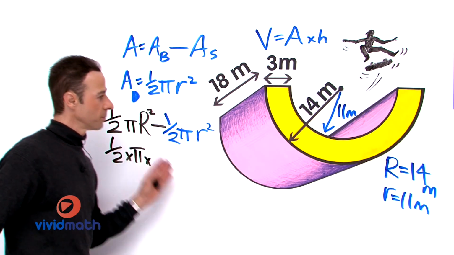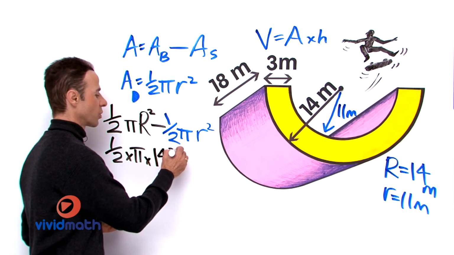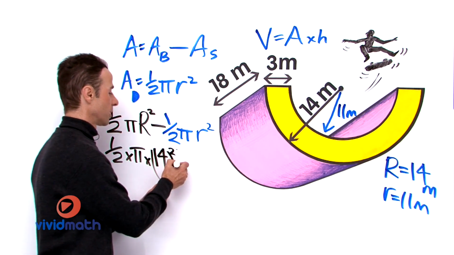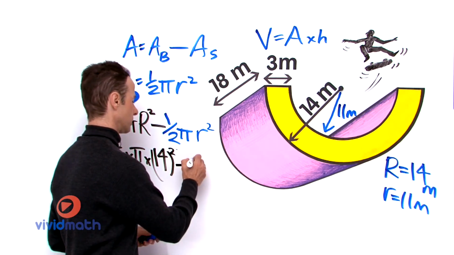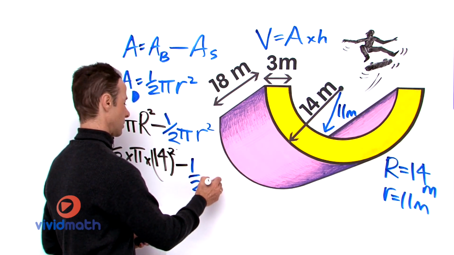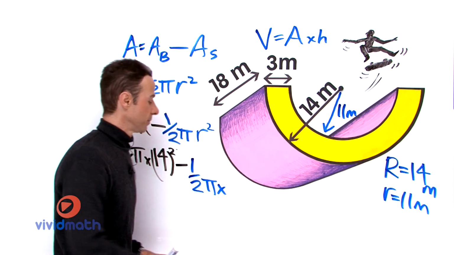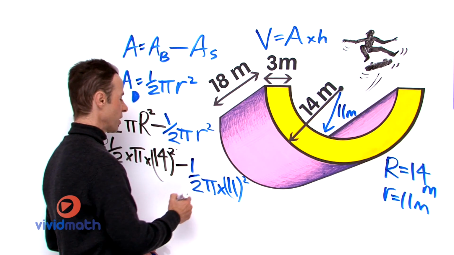Capital R again, big R, 14. Let's put that in here. And remember, that's squared. That's 14 squared. Take away. And little r is 11 right there. And remember to square that.